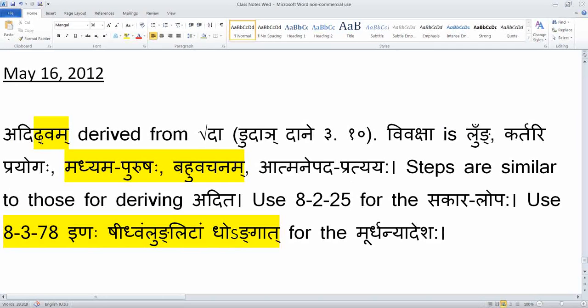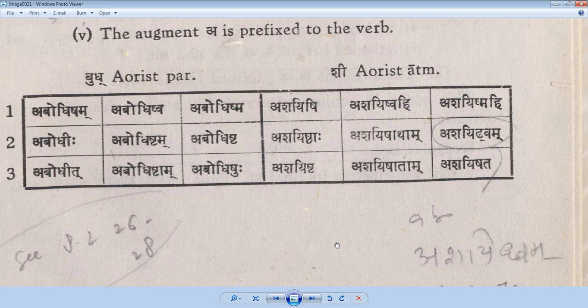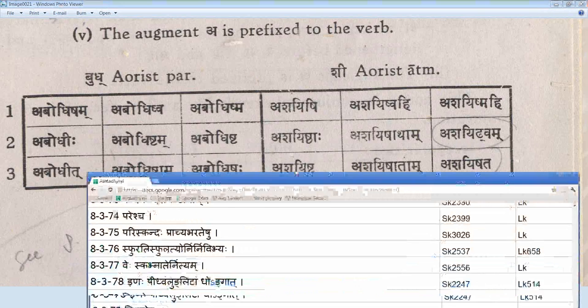Just like when we got this form adidhvam. There was no idagama for the sakara, but we had sit, sakara followed by dhvam, so we did dicha. Same thing here: we first apply dicha and do the sakar lopaha, 8-25, because that sutram we also used in the class today.